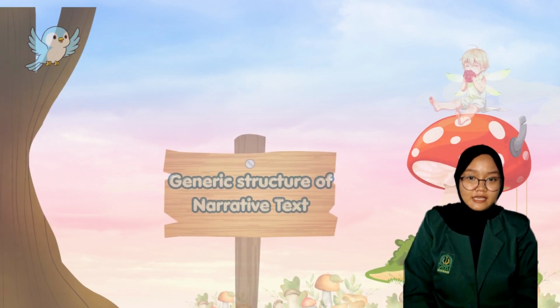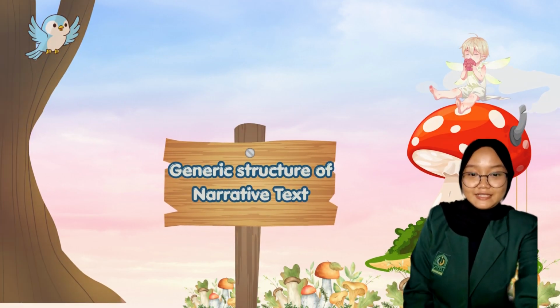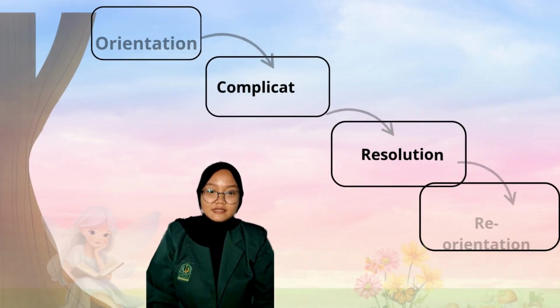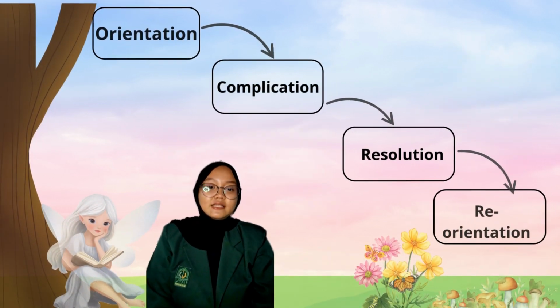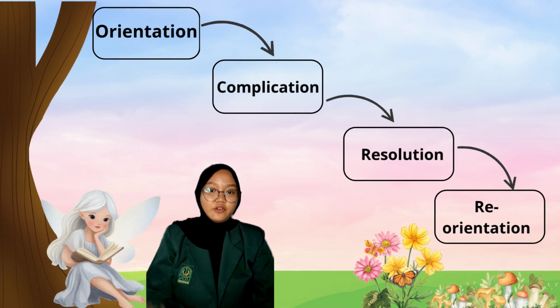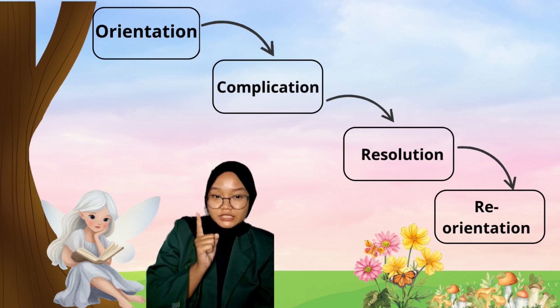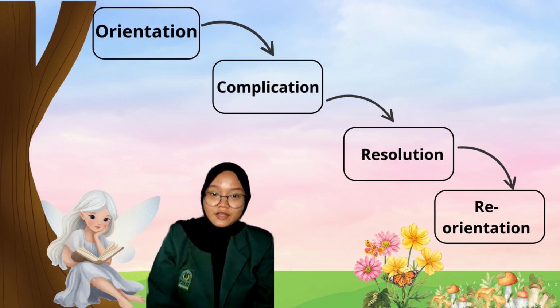And the next is the generic structure of narrative text. This narrative text has four main parts: orientation, complication, resolution, and reorientation.